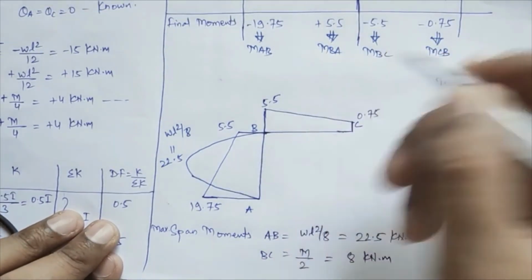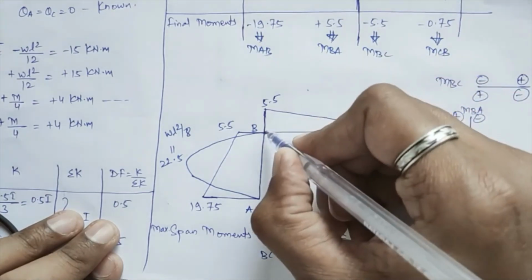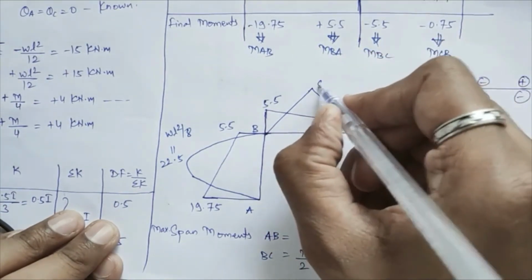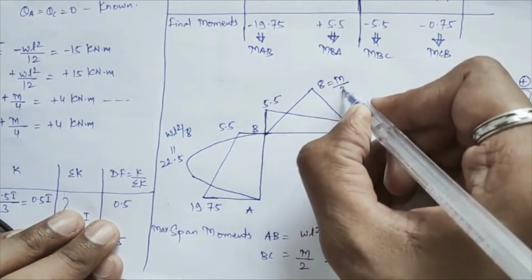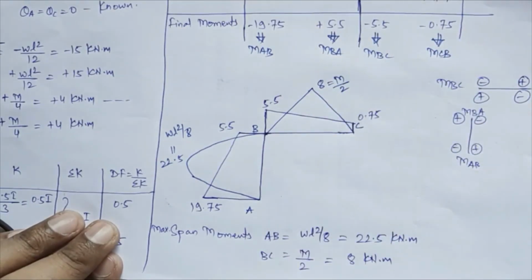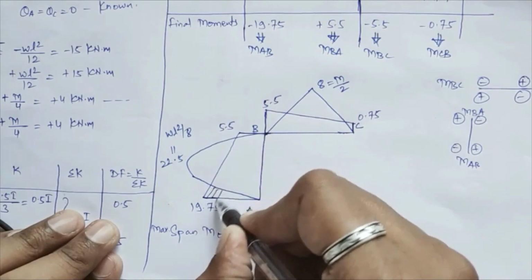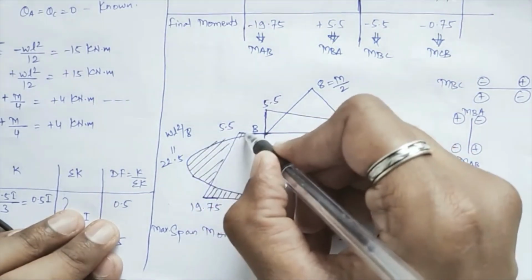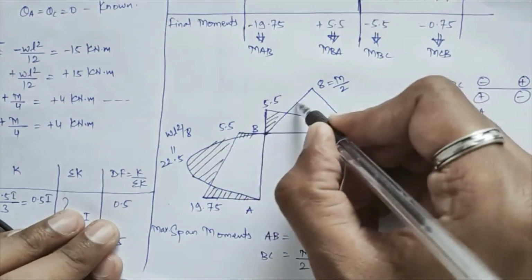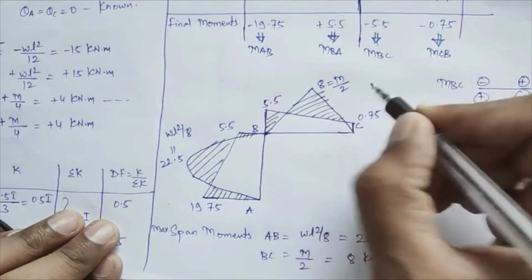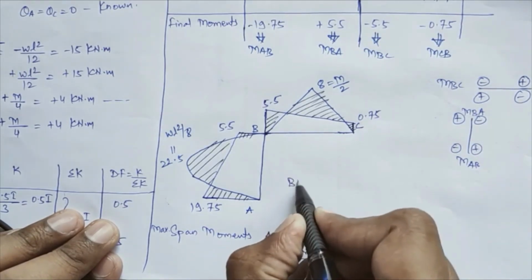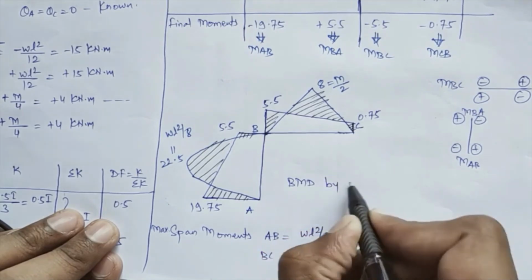It will follow a triangular path of 8, maximum at the center, so this is equal to M by 2. And what you have to do is shade the superimposed part whatever you obtain. So this will be your BMD by superposition.